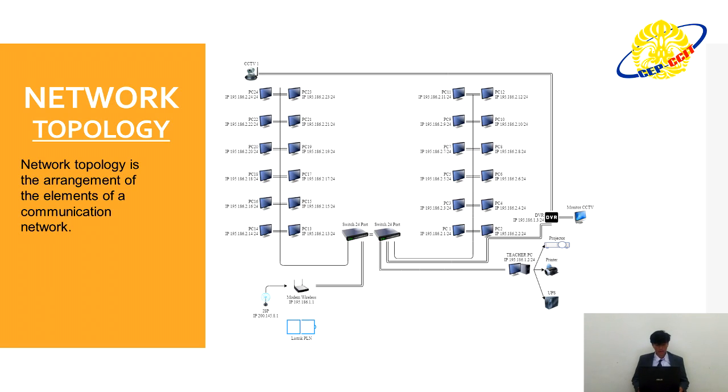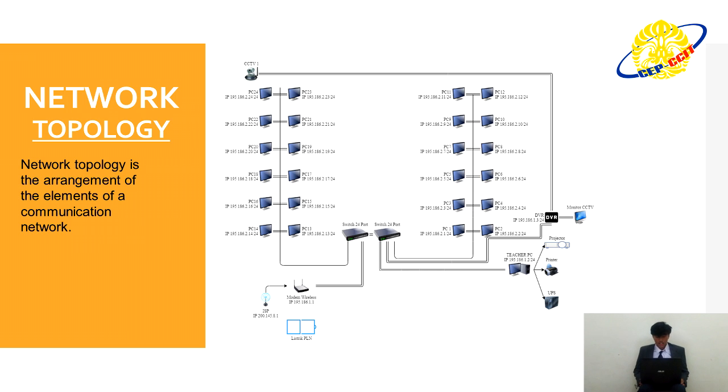Here is the topology. Network topology itself is a method or concept used to connect two or more computers based on the geometric relationship between the basic elements that make up the network, namely nodes, links, and stations. The topology we made for the school lab is a bus network topology.